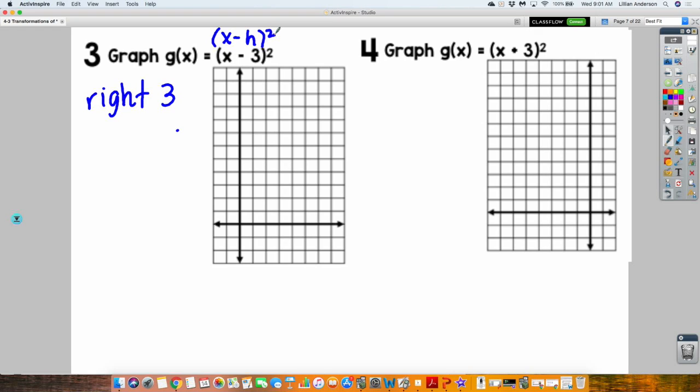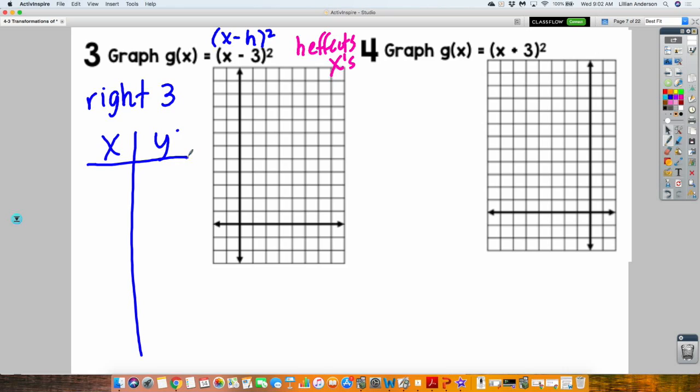Now, these horizontal translations, they affect your x's, okay? So I'm going to put that in there. H affects your x's, which means that when you make your table, your y's are the ones this time that stay the same. Okay? So all those original y values from the original parent graph of y equals x squared stay the same.